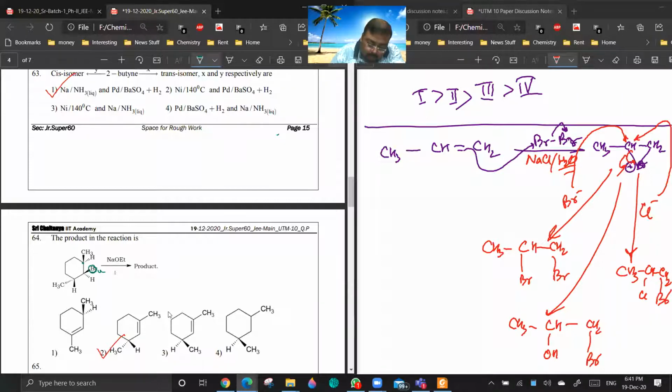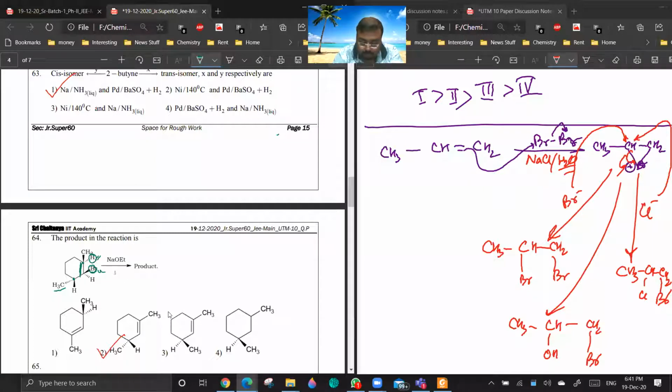This and this. Here you have CS3, so this CS3 cannot undergo elimination. So this hydrogen has to go. If this hydrogen goes, you get a pi bond here, and CS3 will be down. So you see, pi bond and CS3 down. Second is the answer. Is that clear?